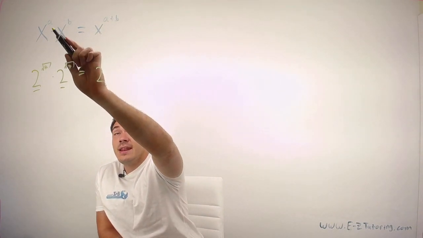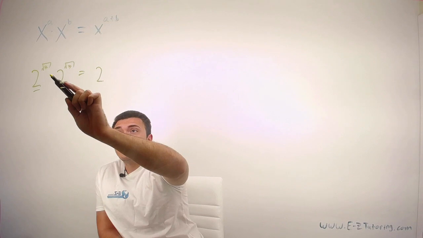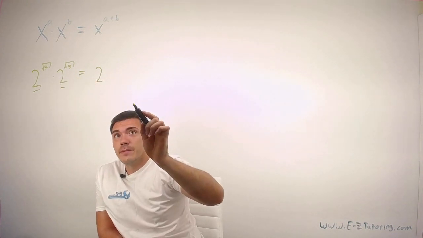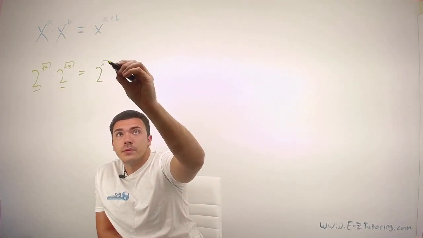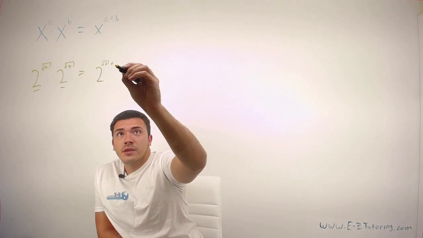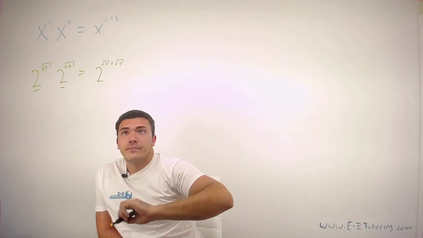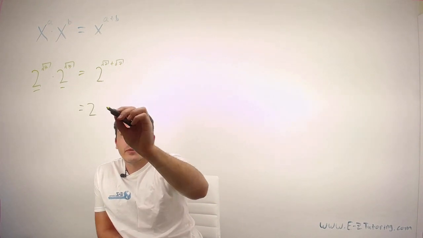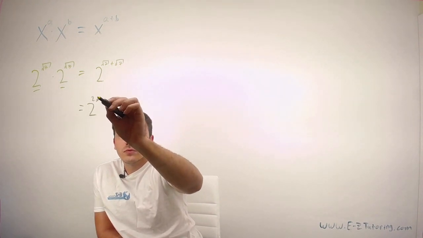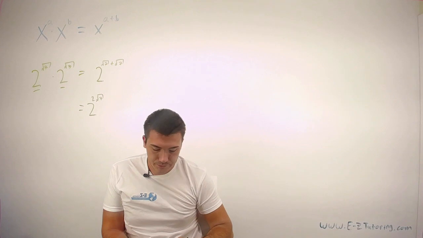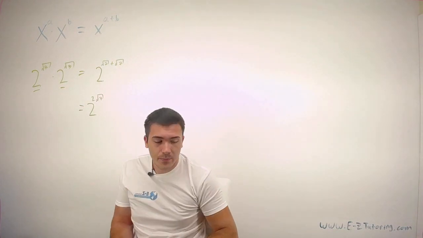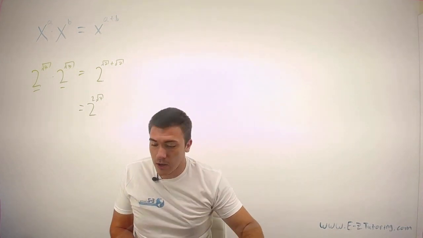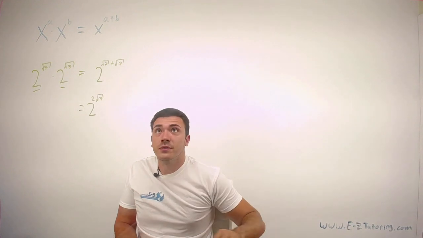We just have to add a and b, so we add square root of 7 plus square root of 7. Now, adding square root of 7 with square root of 7 simply gives you 2 square root of 7. So that's our example.